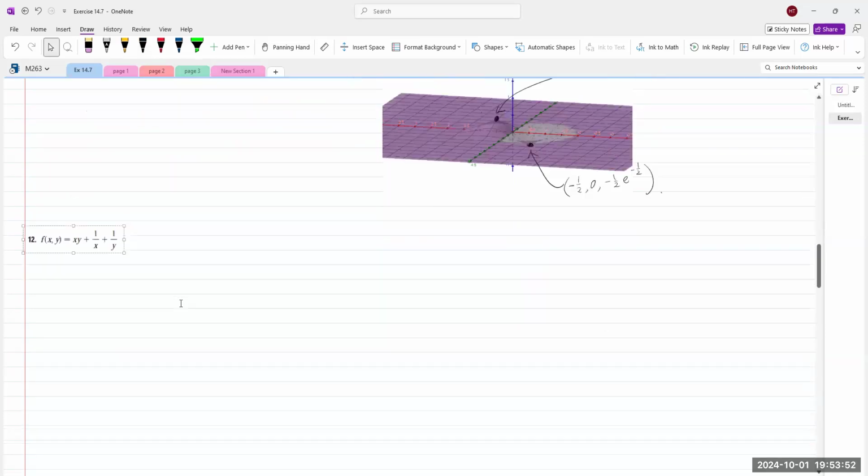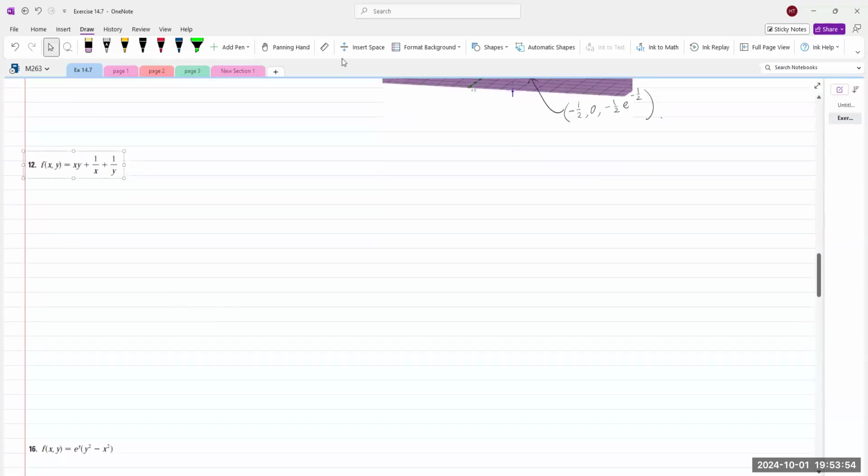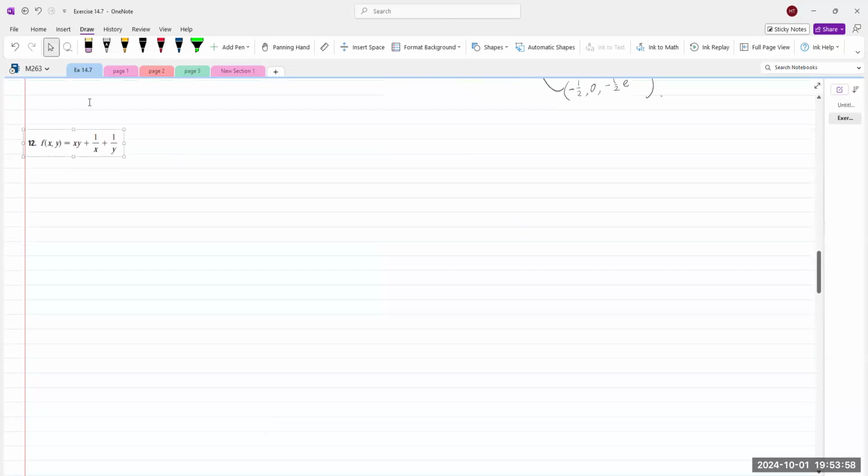Let's go on with number 12. Now, notice that in number 12, we happen to have a symmetry with respect to the xy plane, right? Because if you note that f(y,x), if we swap the position of x and y, you still get the same thing, xy plus 1 over y plus 1 over x, which equals f(x,y), right?